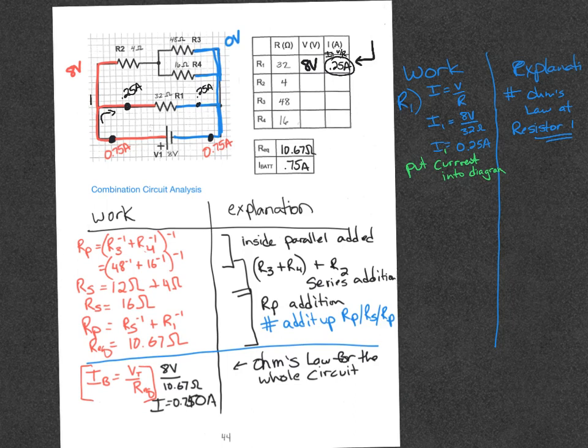So what you can deduce, and let's use another color, is that the I total must be the sum of the two currents, because there's really a top path and a bottom path. So if we know the total current is 0.75 amps, and the bottom path we just figured out is 0.25 amps, well, I2 is clearly 0.5 amps.